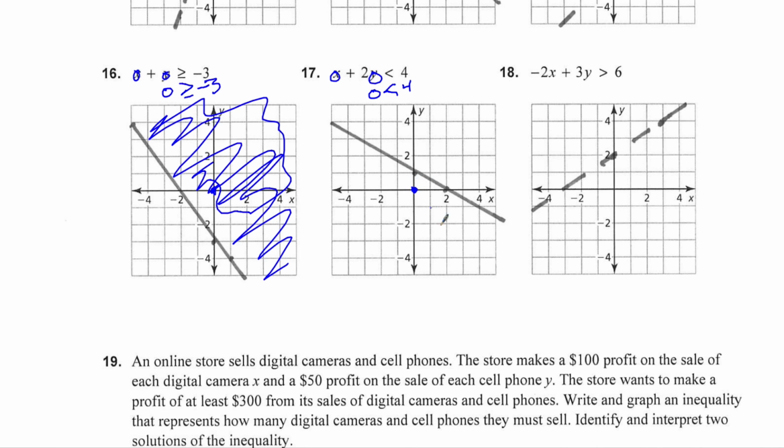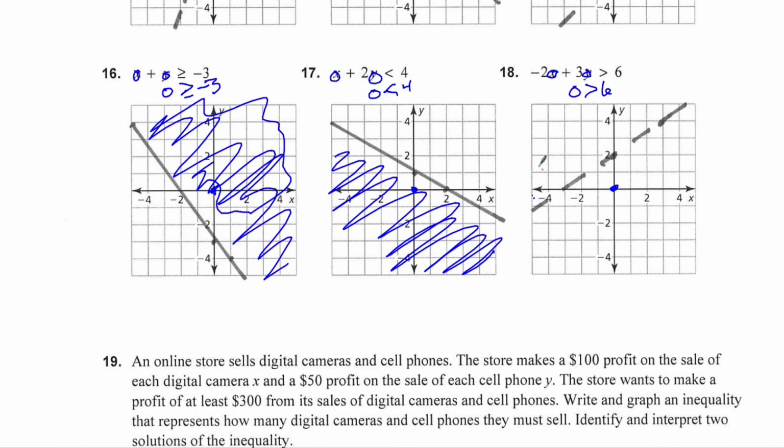The answer is correct. It is, which means it is part of the shaded solution. Plug in a 0, 0. That gives us 0. Is 0 greater than 6? The answer is no, which means that is not part of the shaded area, which means we shade the other side.